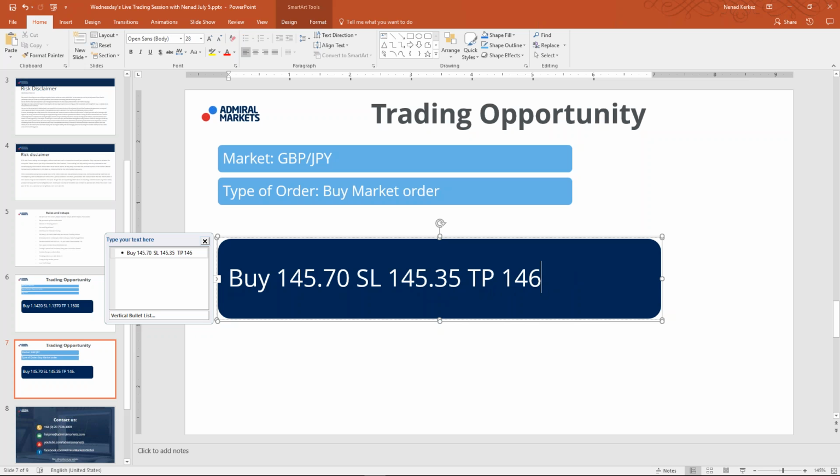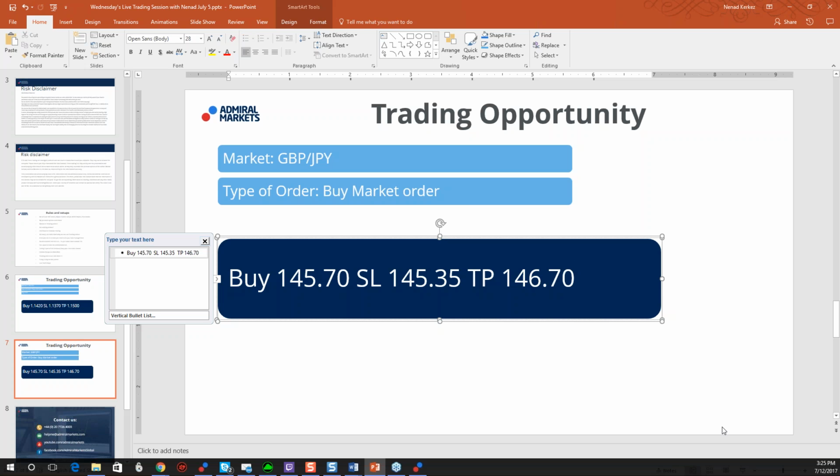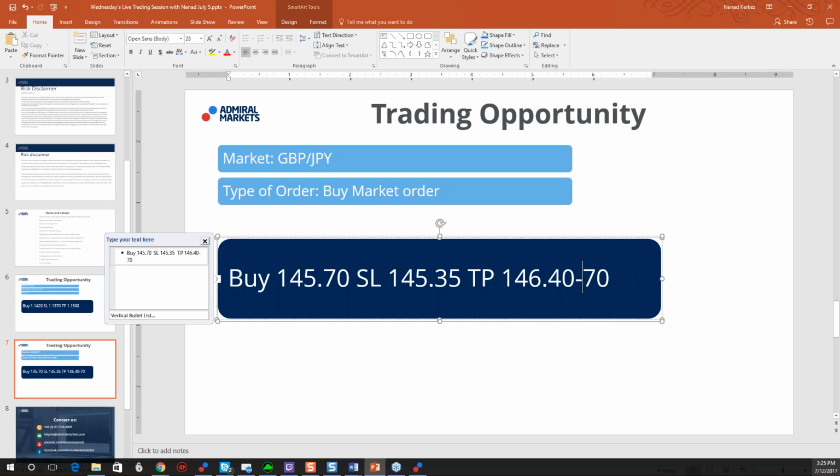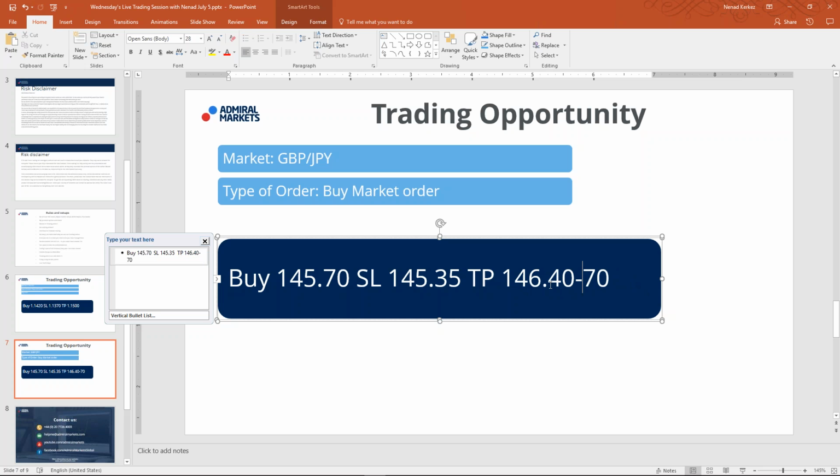Okay, this will be the final TP for this day. Final TP, but pay attention to 100. Okay, I will do it like this. TP1, or like this. 140 to 70. This region is TP for this trade. Okay, so let's see.